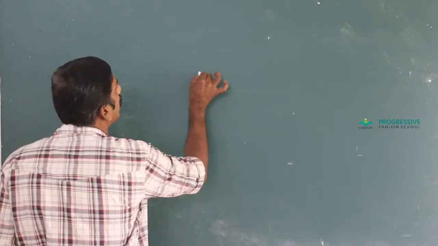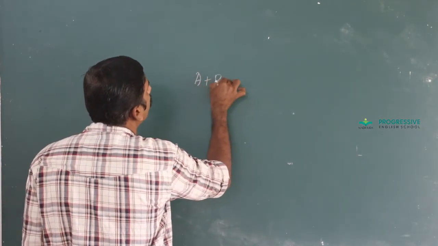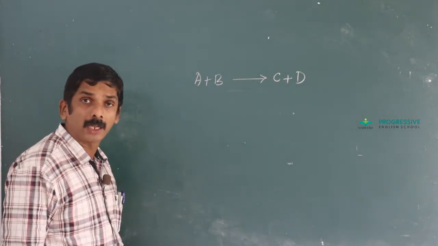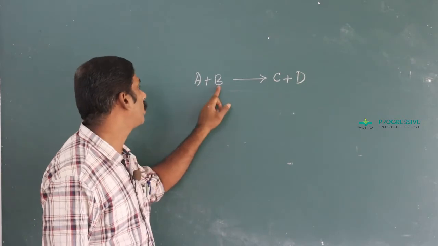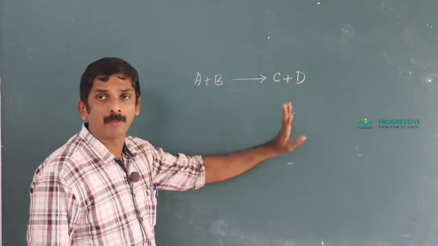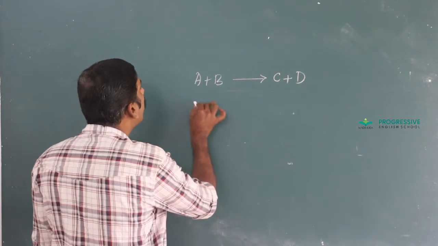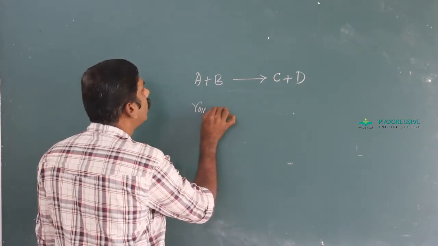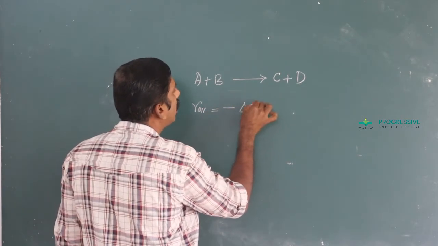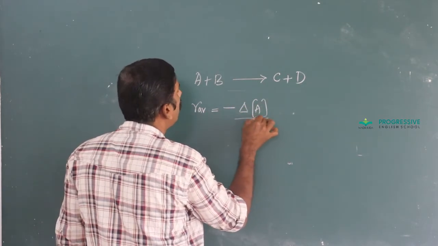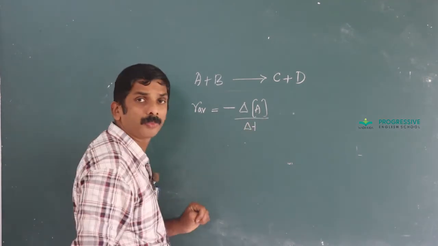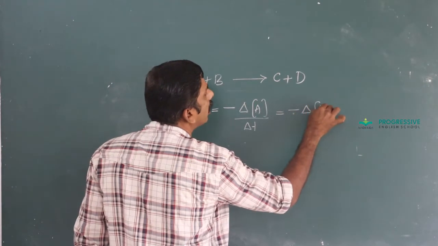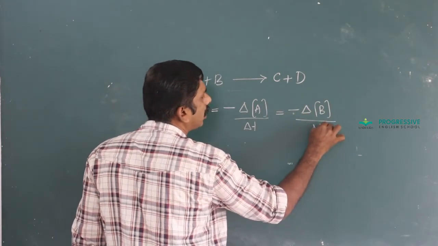For a general reaction, A plus B gives C plus D, it is clear that 1 mole of A reacts with 1 mole of B to give 1 mole of C and 1 mole of D. The average rate equals minus delta A by delta t, which equals minus delta B by delta t.